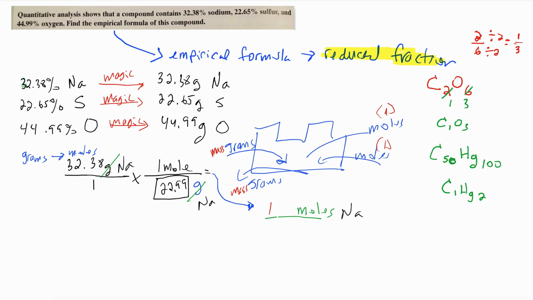All right, so we have 1.4 moles of Na. All right, that's Na. Now we got to go grams to mole for S. So what do we start with? .06 grams of S, and that's 1 mole of S, and then what do we get?